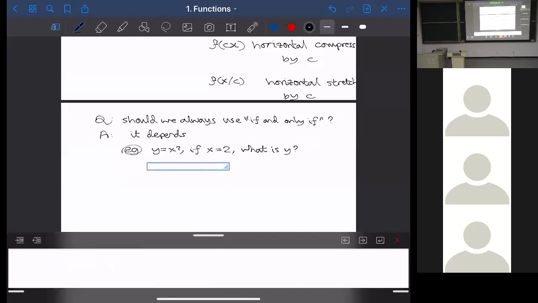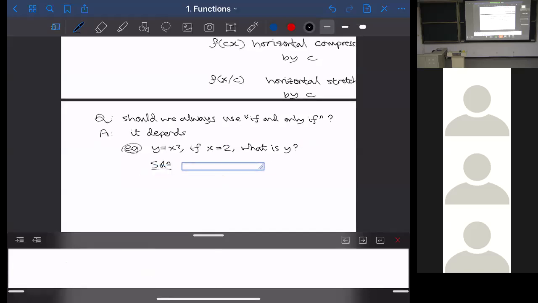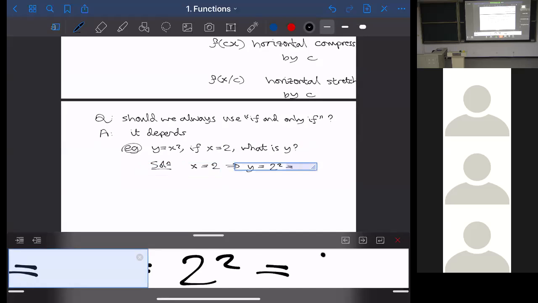Well, solution. So if x equals 2, then that implies that y equals 2 squared, which is equal to 4.